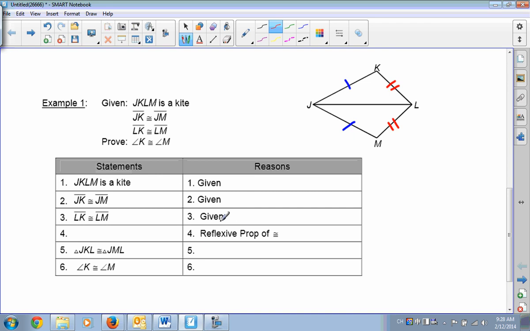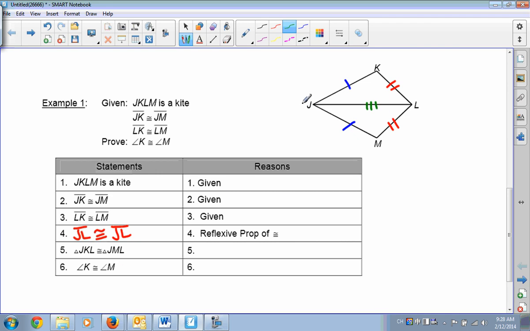We have the reason reflexive property of congruence is our next. What is reflexive in this shape? Yeah, remember reflexive, it means something is congruent to itself, right? So JL is congruent to JL. Okay, it's congruent to itself.